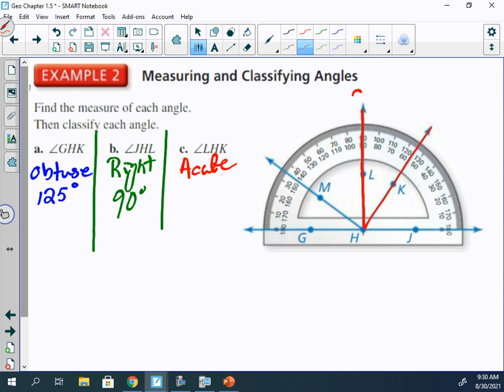I know this one here is at, and this one here. So I could say that this is 125 minus 90, and the absolute value is equal to 35. Or we can do 90 minus 125, and it's going to be 35.